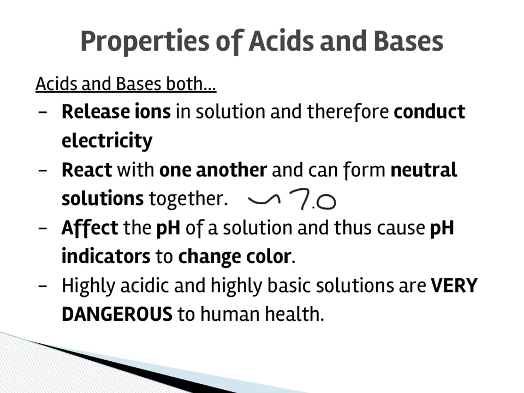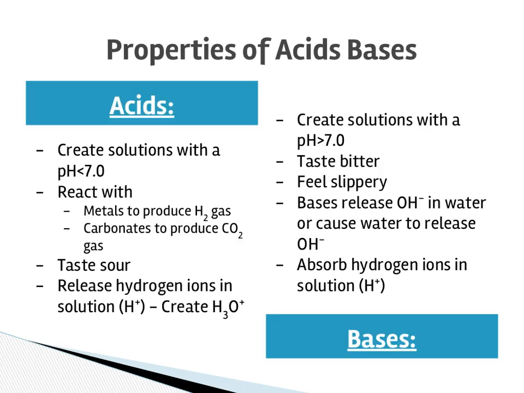They affect pH because they either increase or decrease H3O+ concentration, and H3O+ concentration is what pH is a measure of. So by increasing or decreasing that, they change the pH and cause pH indicators to change color. A lot of people think acids are really dangerous, but they don't know a lot about bases. Let me tell you, both are extremely dangerous to human health. They can be just as dangerous as one another.